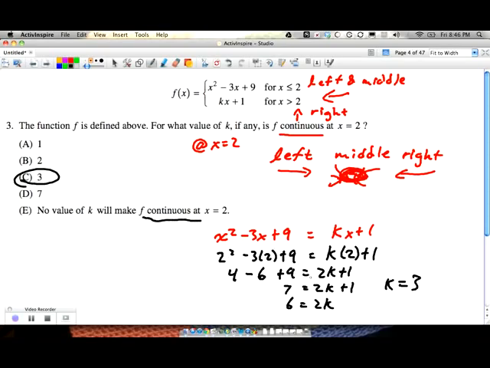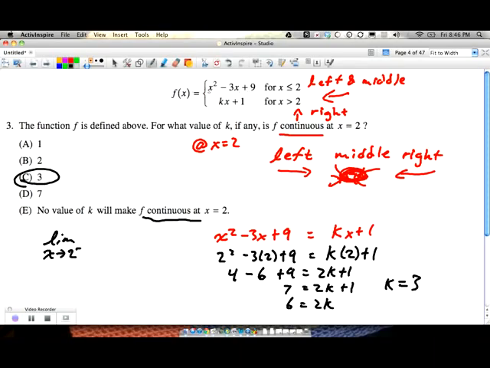So yes, it is continuous, because if we were to plug in 3, in other words, the limit as x approaches 2 from the left is going to be whatever I plug into the top one.